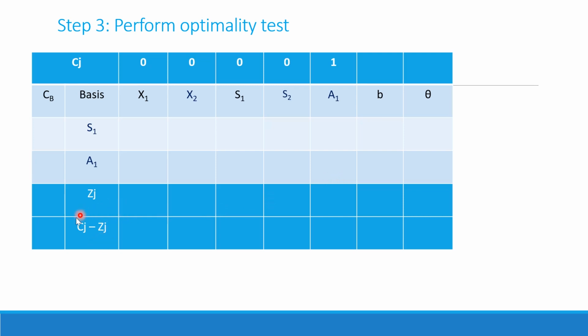On the basis of cj minus zj, we will say whether this solution is optimal or not. So performing it, first of all I'll write the values of the constraints in this table.